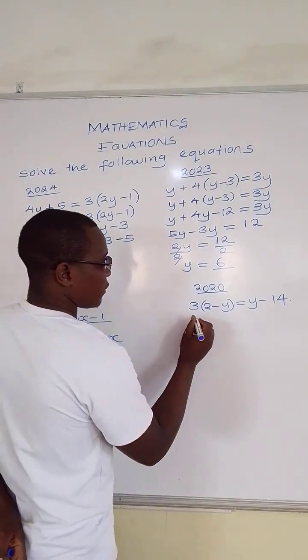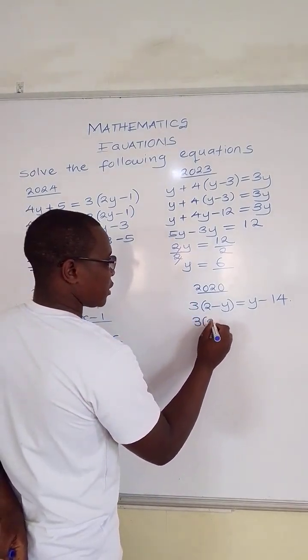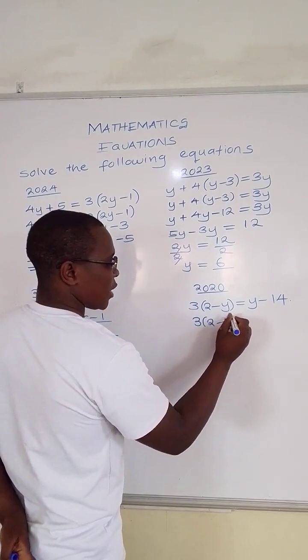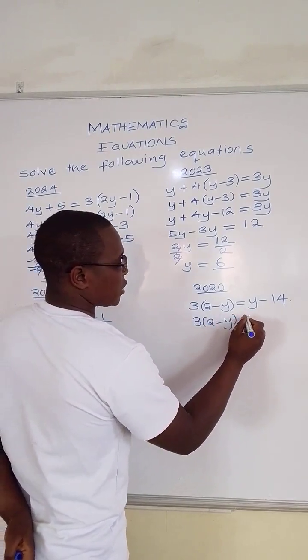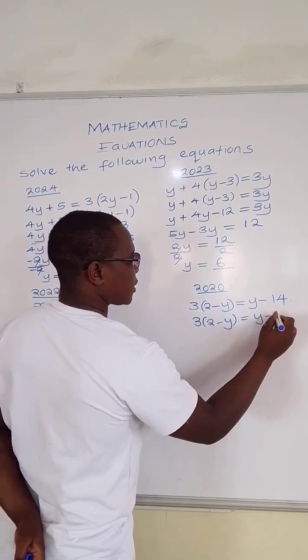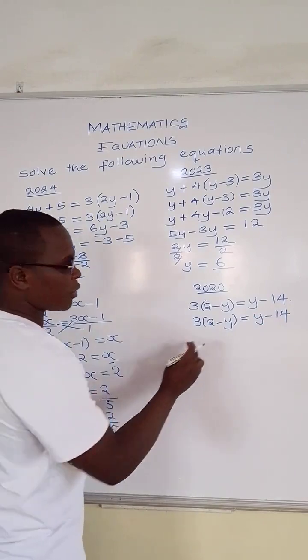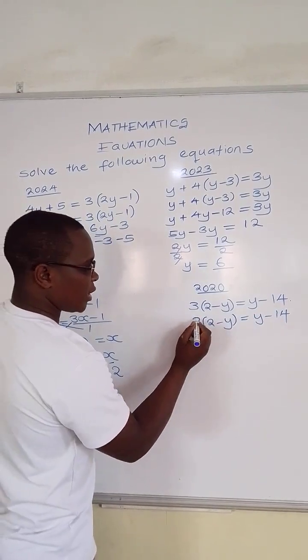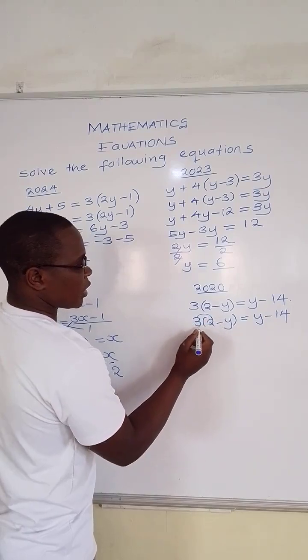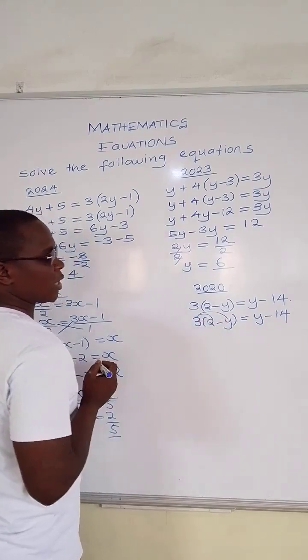So we are told to solve 3 open brackets 2 minus y close is equal to y minus 14. Okay, step number 1, guys, we're going to remove the brackets by multiplying 3 times 2 and 3 times the negative y.